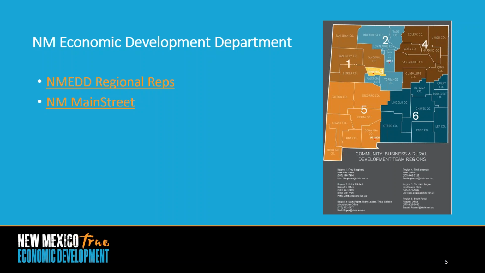They can help and assist with economic development questions and projects within your area. And if you're lucky to have a New Mexico Main Street rep, or you have an area within your community, the New Mexico Main Street office is housed under the New Mexico Development Department division. You can access all this information on our website, which is gonm.biz, or call us, and we have all the contact at the end of the presentation.